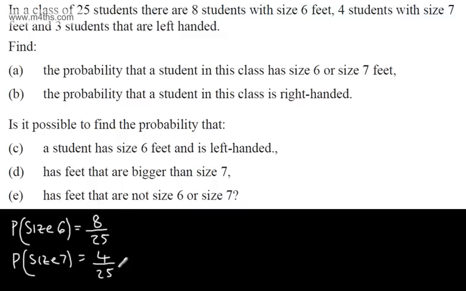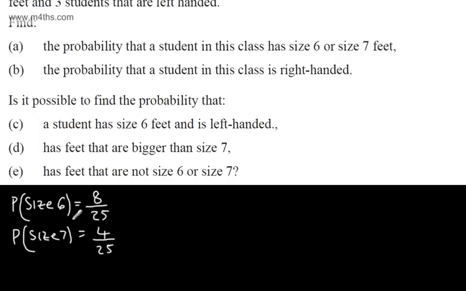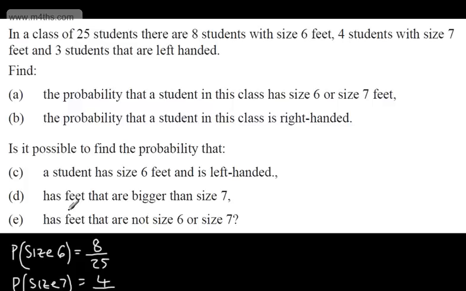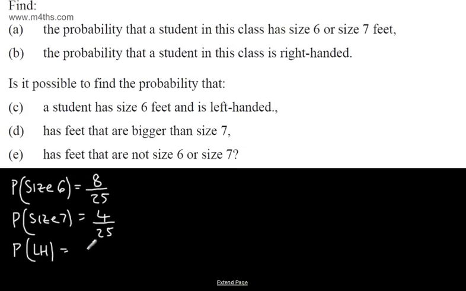If we now look at the left-handers, the probability of left-handed, we're going to have a total here of 3. What I can do at this stage is write some more information. But let's just answer the question first.